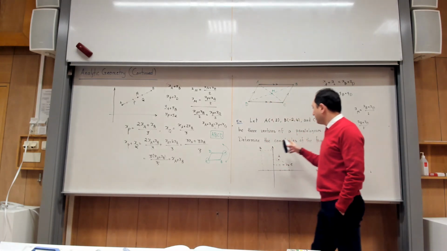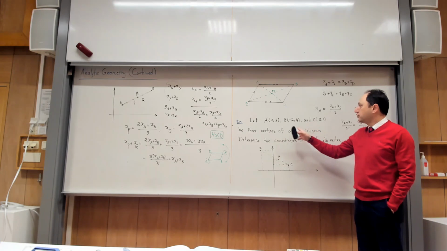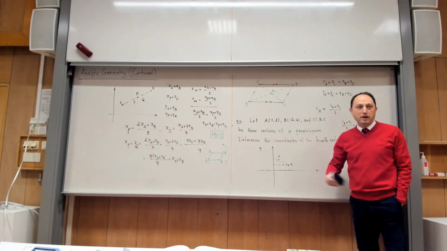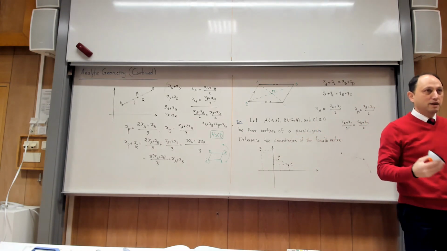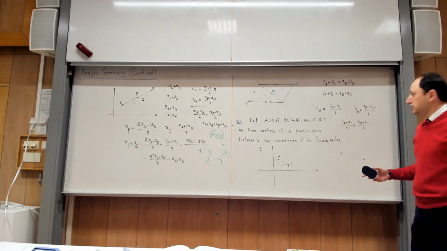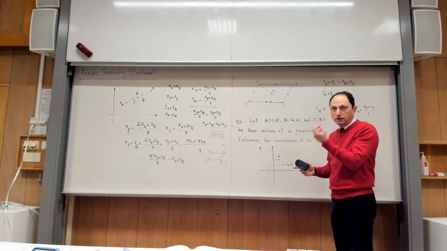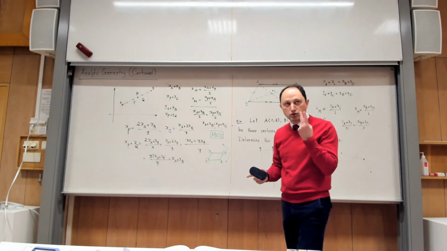This is different from this problem. Here I just named 3 points for you, A, B, and C, and I am asking for the last one to make a parallelogram with these 3. If you read this question, it doesn't necessarily mean that I am using that convention. I just want the 4th point. So you need to consider 2 scenarios.